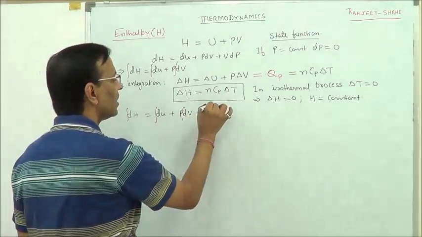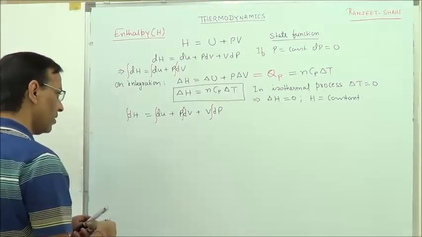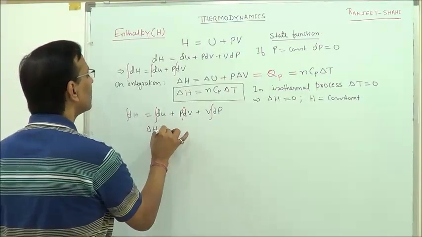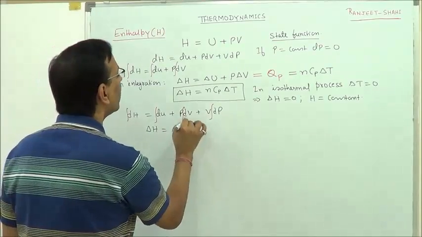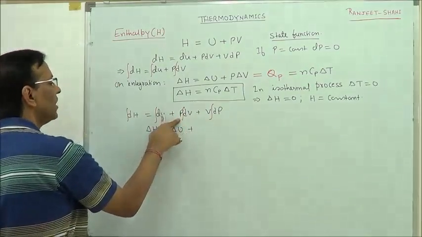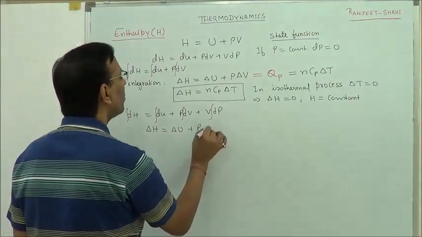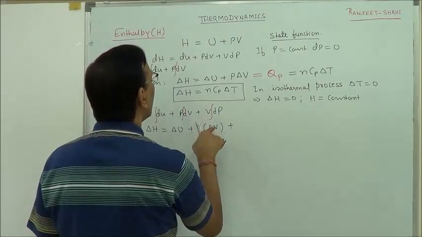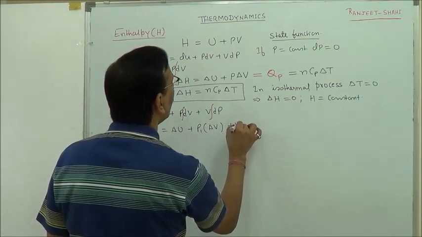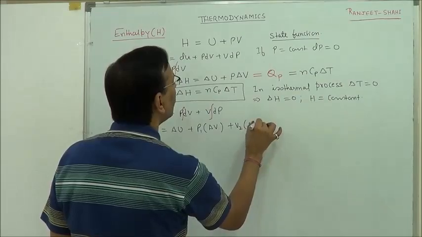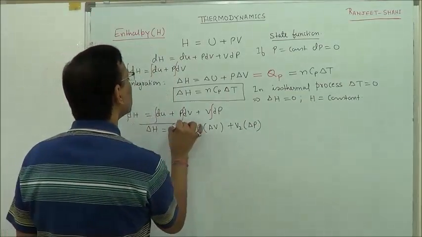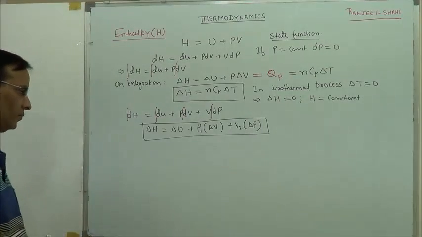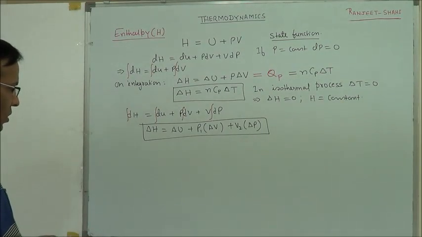While integrating the second term, we will assume volume is constant. So on integration, delta H is equal to delta U plus, first pressure is maintained constant, that will be P1 into delta V, then volume is changed, so V2 into delta P. This is another general expression for enthalpy change, which can also be used.